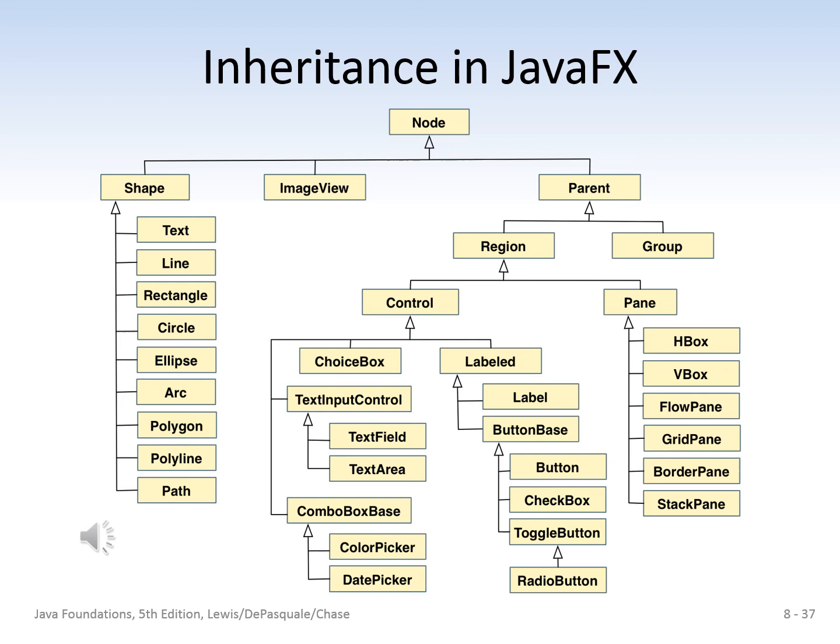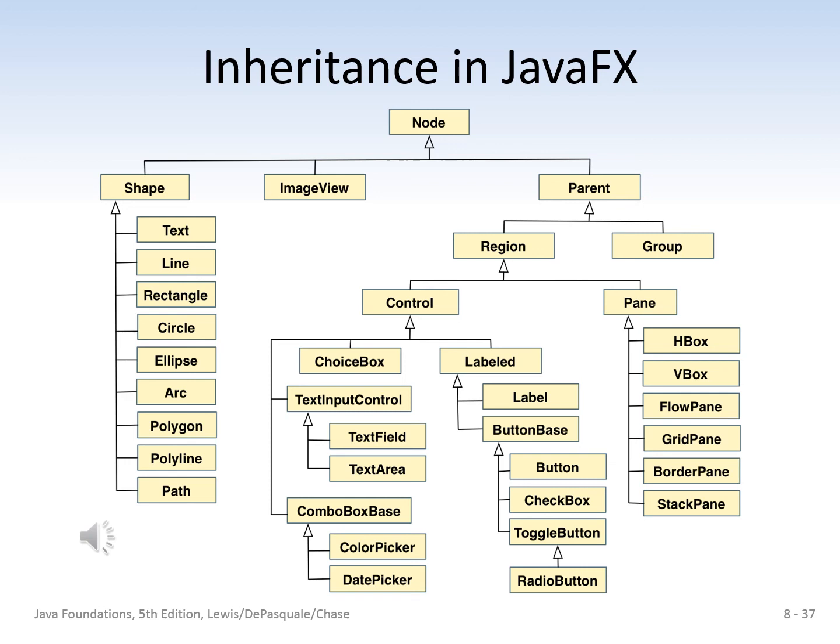So children of the shape class are text, line, rectangle, circle, ellipse, arc, polygon, polyline, and path. We use text, we use line, we use rectangle, we use circle, we use ellipse. I don't believe we used arc, polygon, and polyline or path in the examples in chapter 6 for the GUI, but it's pretty much the same.